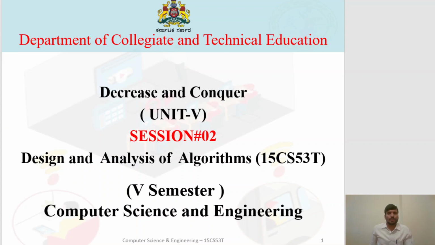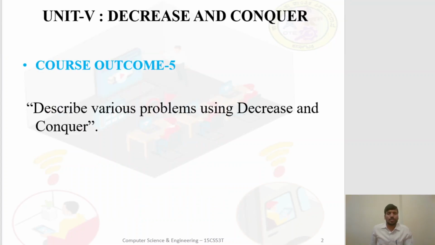In today's session, we will discuss the second session of the unit, Decrease and Conquer, of the subject Design and Analysis of Algorithm. The course outcome of this unit is to describe various problems using the Decrease and Conquer technique.